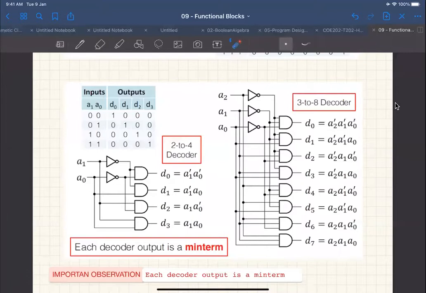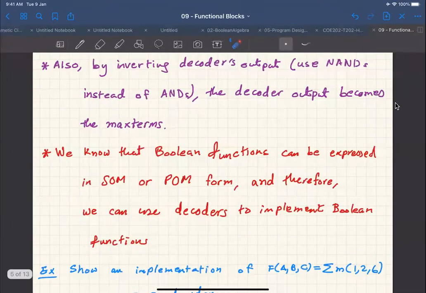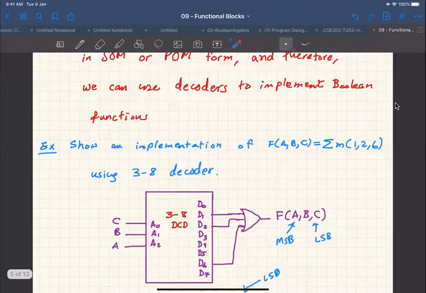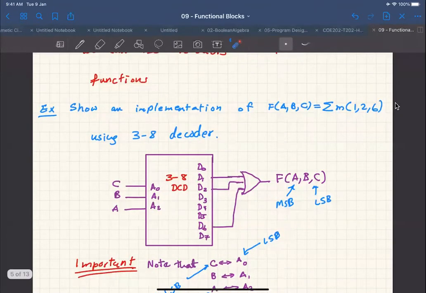It's a combinational circuit that creates all the min-terms, and for this reason, it can be used for constructing Boolean functions, because Boolean functions usually are expressed in canonical form, and canonical forms are either product of sums or sums of products. And we gave an example of how to construct a function using a decoder.